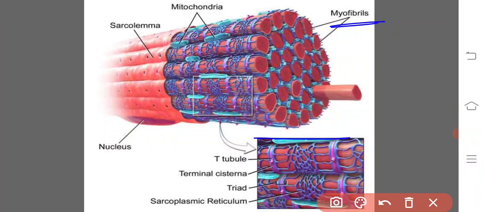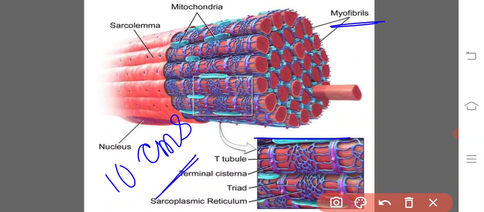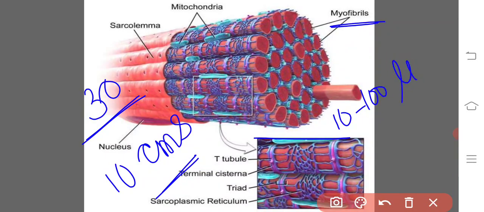The typical length of a mature skeletal muscle fiber is about 10 centimeters. Some of them are as long as 30 centimeters, which are present in the muscles of the thigh. The diameter of a mature skeletal muscle fiber ranges from 10 to 100 micrometers.